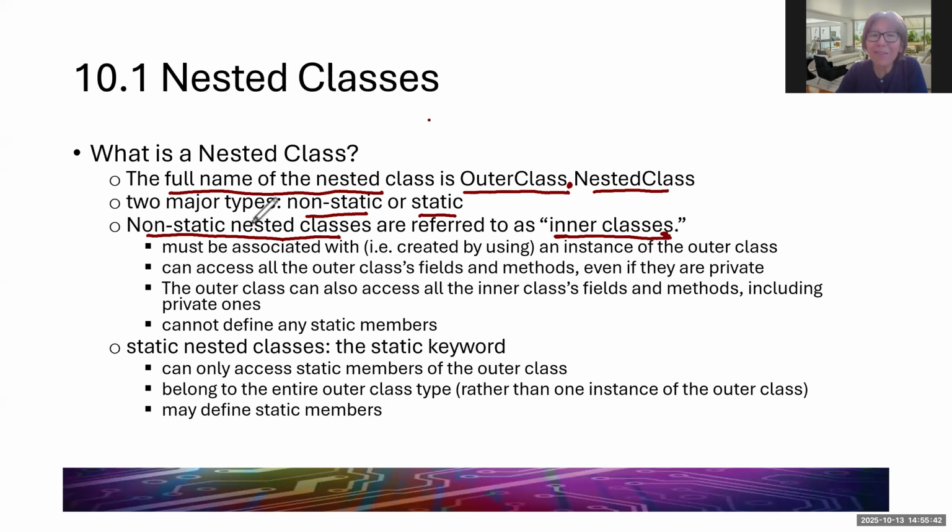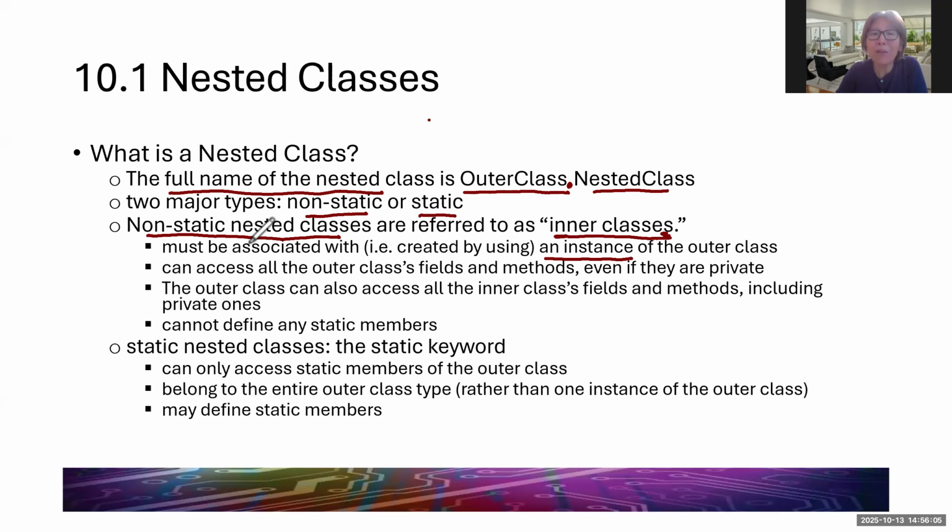Because a class can be used to create instances, but that's not always the case. If you recall, you cannot use an abstract class to create objects. But an inner class, a non-static nested class, can still be used to create an instance.